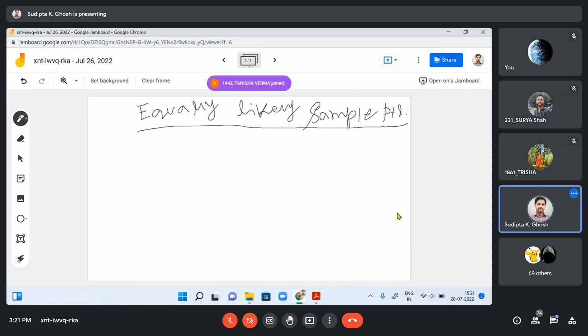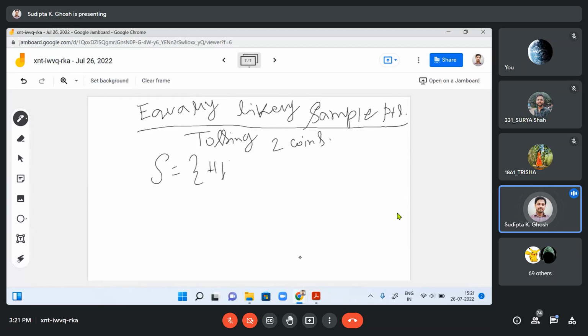So tell me, suppose you are tossing two coins. Obviously the sample space S becomes head head, head tail, tail head, and tail tail.